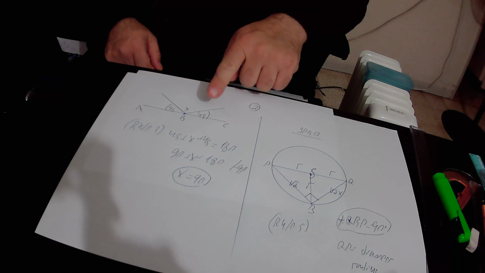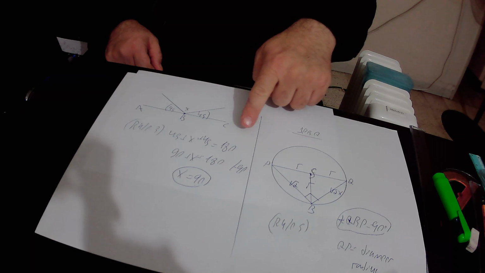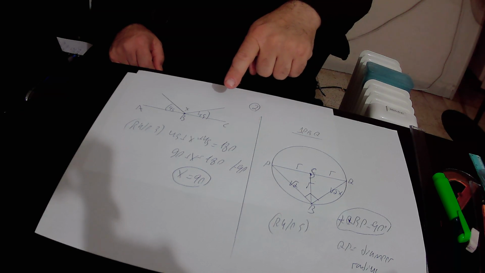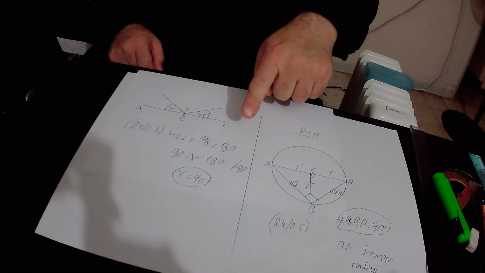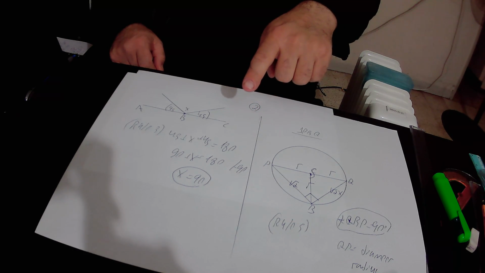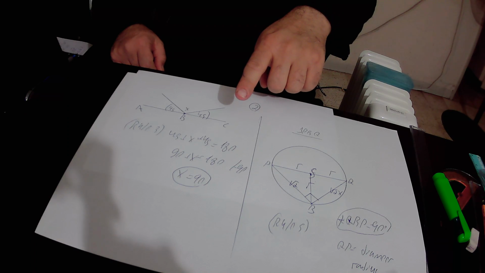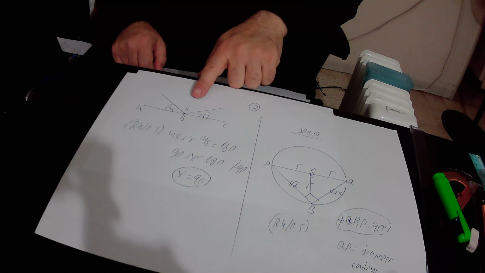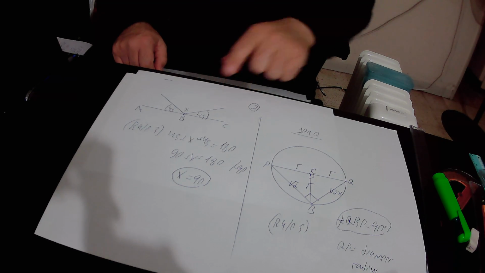So 45 degrees plus x plus 45 degrees must equal 180 degrees. 45 degrees plus 45 degrees is 90 degrees, so 90 degrees plus x equals 180 degrees. We subtract 90 degrees and finally find that x equals 180 degrees minus 90 degrees, which is 90 degrees. So the missing angle x equals 90 degrees, it is a right angle.